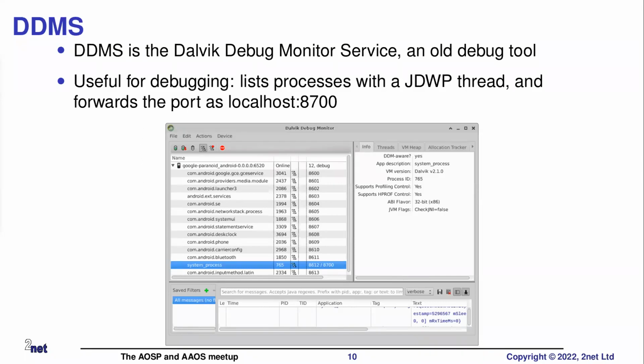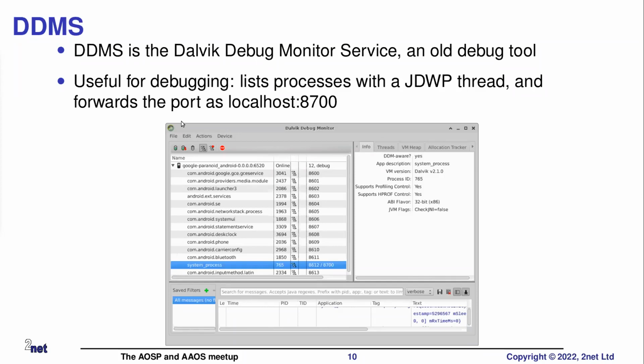However, it still is handy for debugging. And it is part of AOSP, so it's still there, even though it's a bit rotted. It still works good enough for what I want it to do. So the nice thing about DDMS then is it gives me this nice list here where I get not only the PID, but also the name of the program, which is the bit that was missing from ADB.